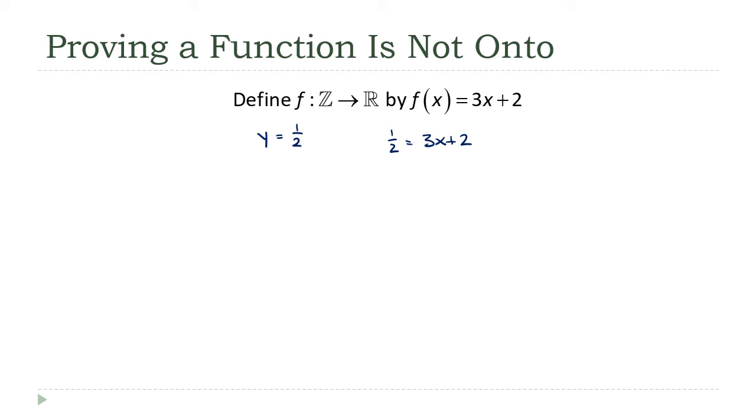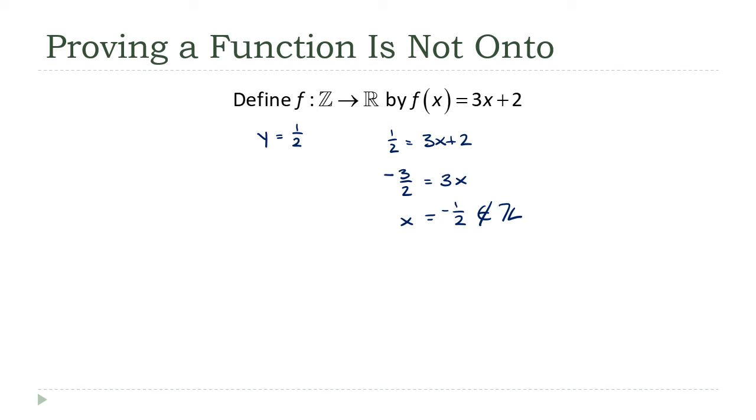So we'll subtract 2 from both sides. Minus 3/2 equals 3x. Divide both sides by 3. x is negative 1/2. And that, unfortunately, is not an integer. And that's the only value that could possibly have worked. So therefore, this function is not onto.